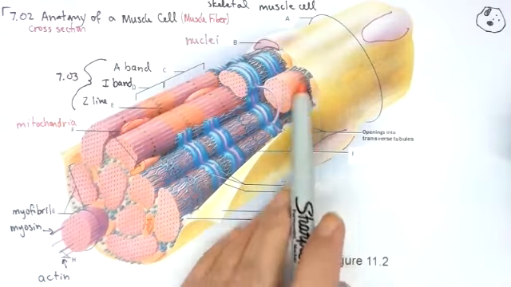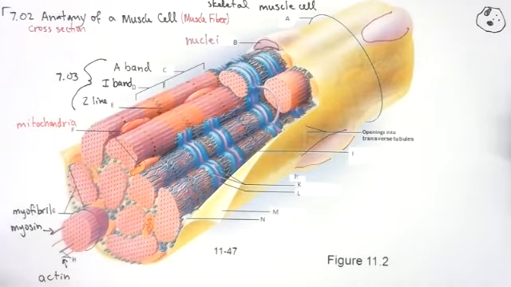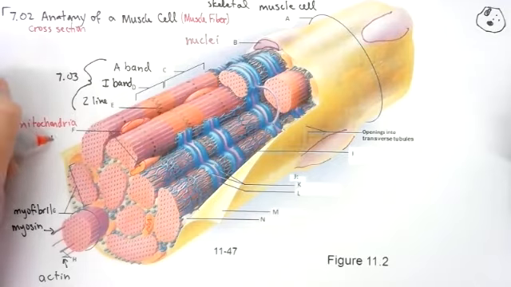Holy cow, I can count 1, 2, 3, 4, 5, 6, 7, 8, 9, 10, 11. Just in this little tiny cross section, I can count 11 mitochondria. And the truth is, our skeletal muscle has lots. So skeletal muscle has a lot of mitochondria.